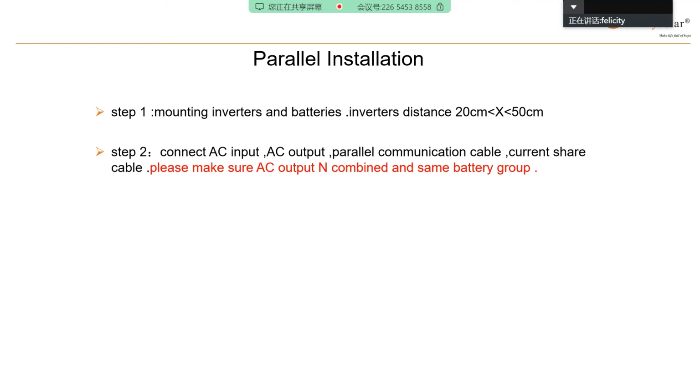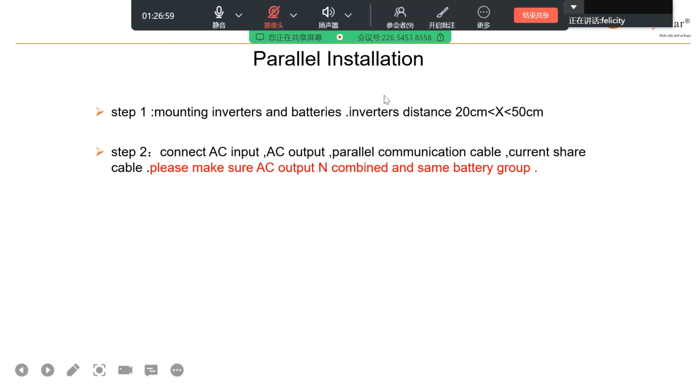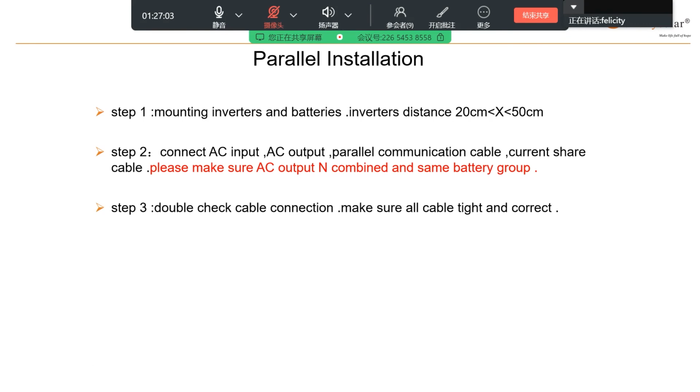Please make sure the AC output is combined and it is the same battery group. And step 3, double check the cable connection. Make sure all cables are tight and correct. It means that after you complete step 2, please double check the cable connection.